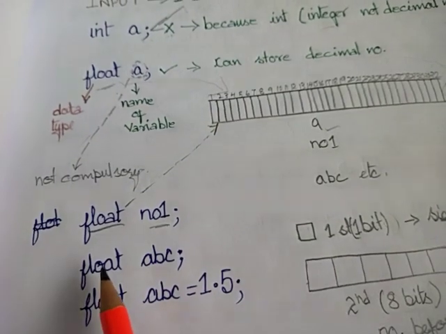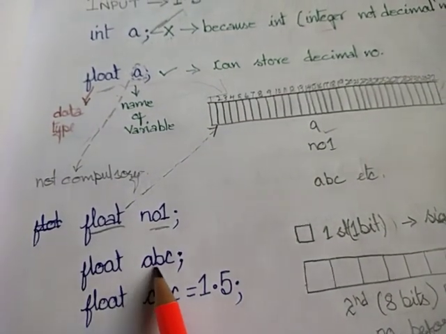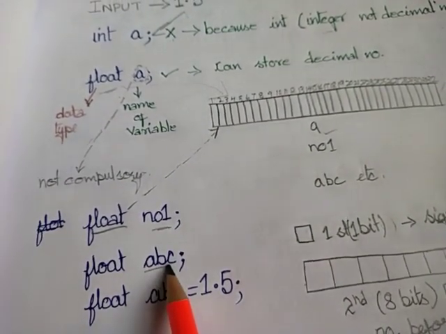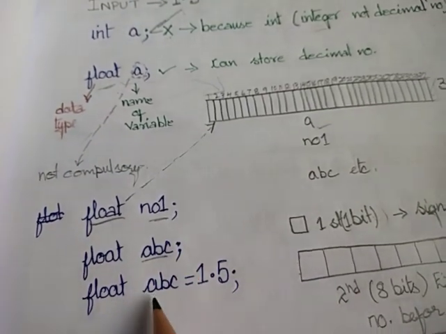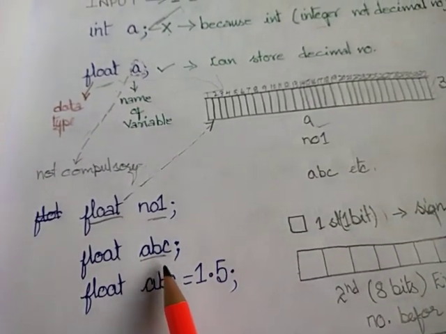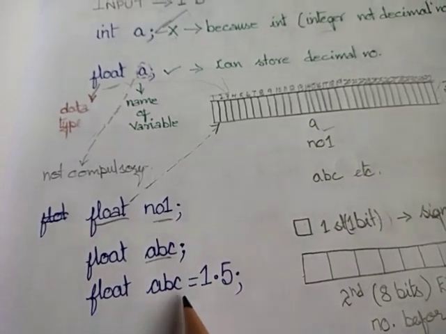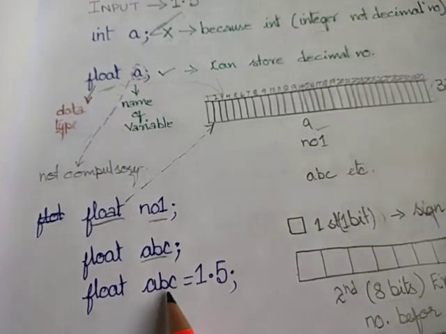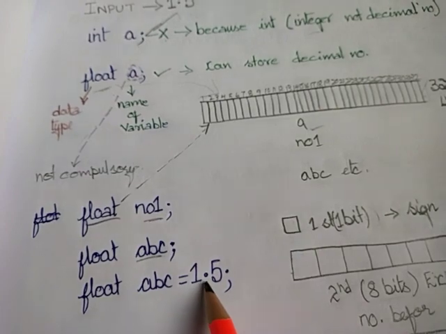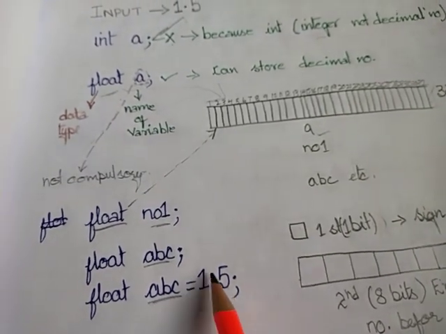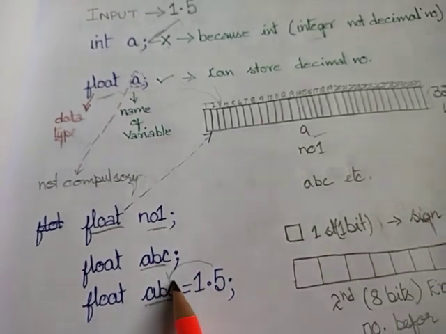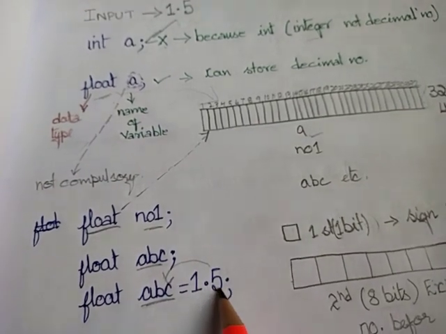Or else you can also mention float abc. Abc is the name of the variable. And just like the first example, you can also assign the value. That means float abc is equal to 1.5. That means in this location abc, you are going to input the value 1.5.